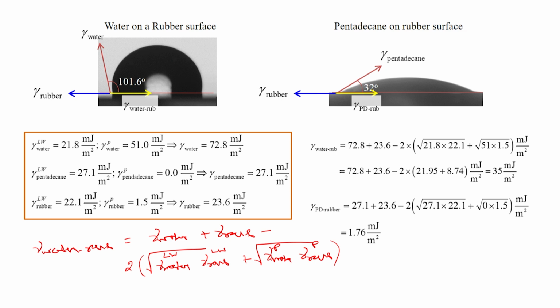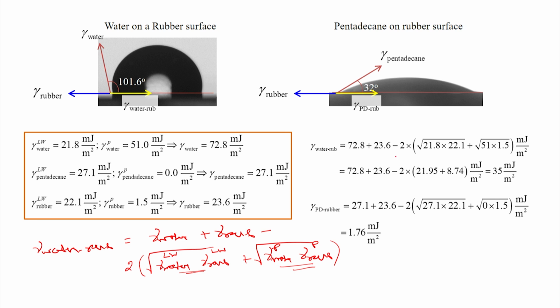So now we are separately considering the interaction between the polar components of these two materials and the dispersive components of these two materials, and then adding up. This is the mixing rule that we have developed. We are using that mixing rule individually for these two different interactions.